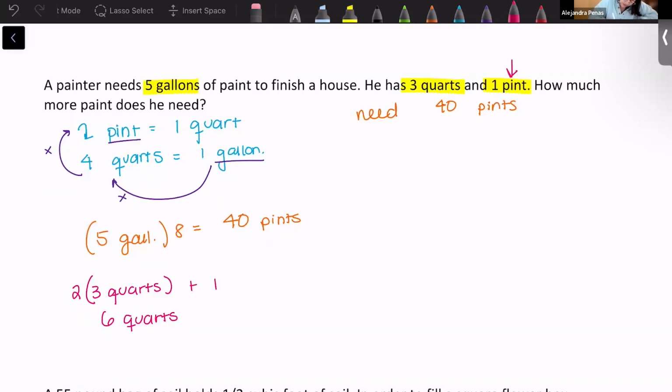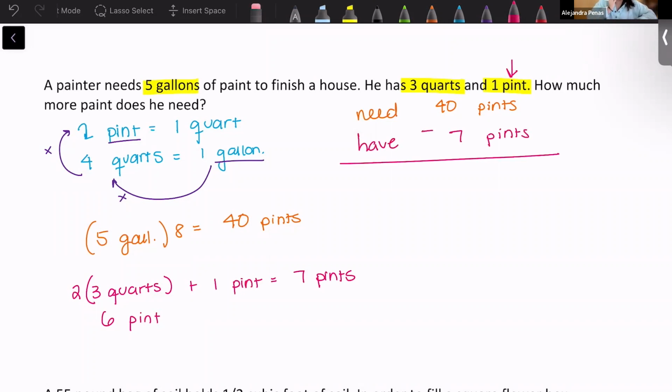That means that you already have 7 pints. If I subtract the ones I have from the ones that I need, I'll know how many I'm missing. So in this case, we're missing 33 pints.